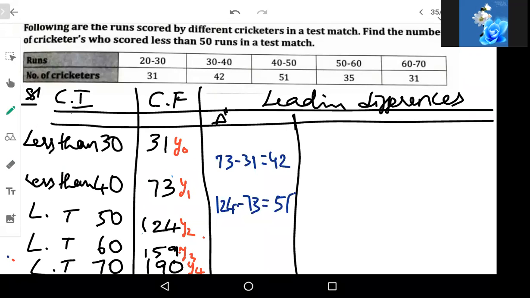So you're getting back your frequencies. Next, 159 minus 124 will give us 35, and 190 minus 159 is 31. So that will be the leading difference.